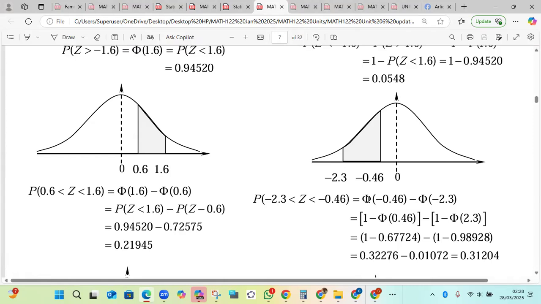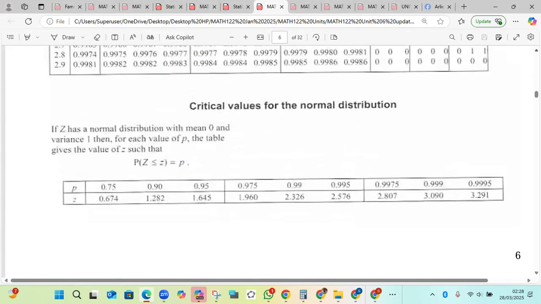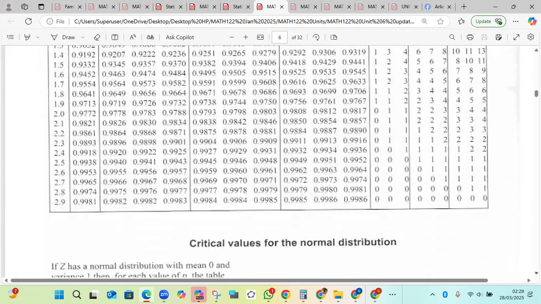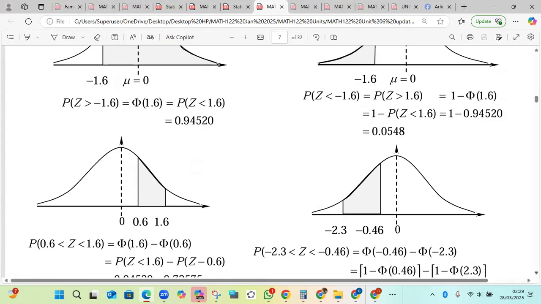A phi of is towards the left, whatever value it is. So you can have a phi of negative or phi of positive. Bear in mind the table gives you phi of positives. It doesn't give you phi of negative. That's why we could easily find phi of 0.6 and phi of 1.6 from the table. So that's the initial calculation.